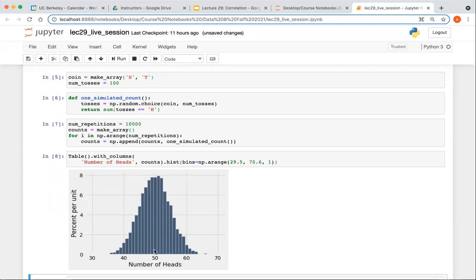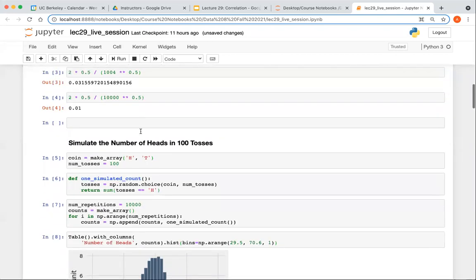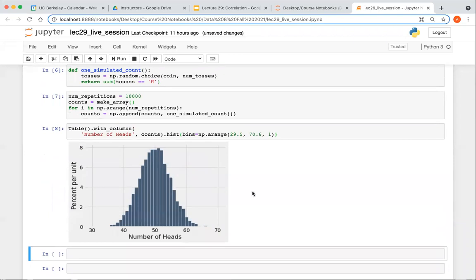This proportion here that we are seeing is a sample proportion. The actual proportion is the true probability. And our calculation that we have just done says if you repeat your experiment 10,000 times, you're going to be off by at most 1% in 95% of your simulations.